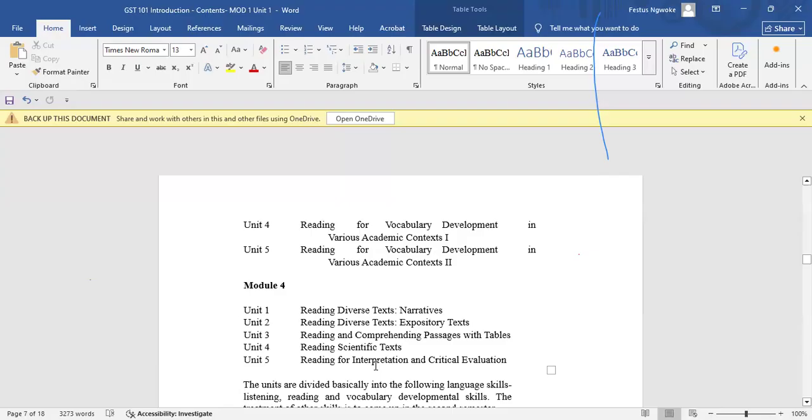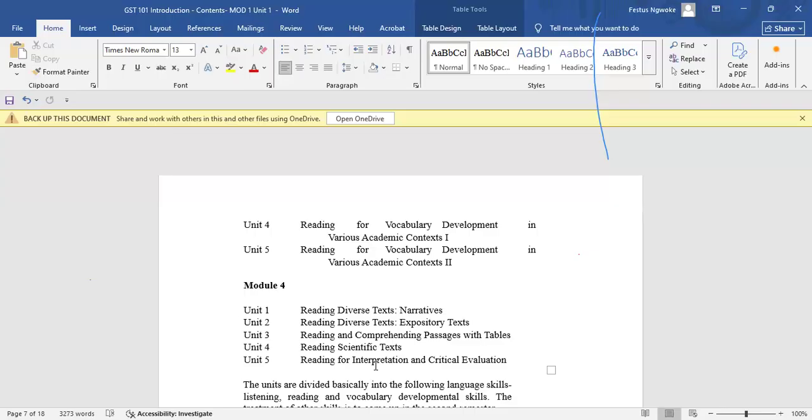So we've been able to run down the content of the course so that you can have a close look and a diversified knowledge of all of it.